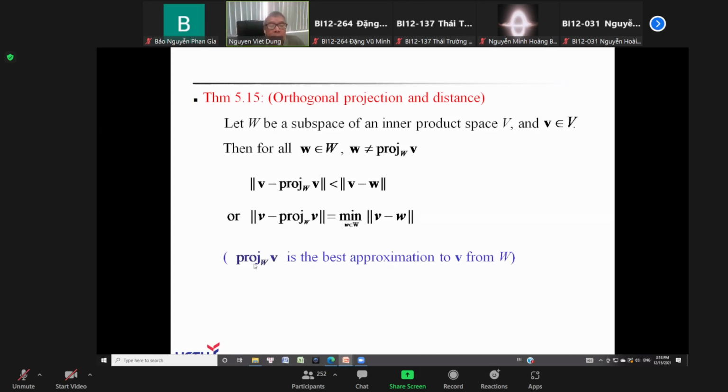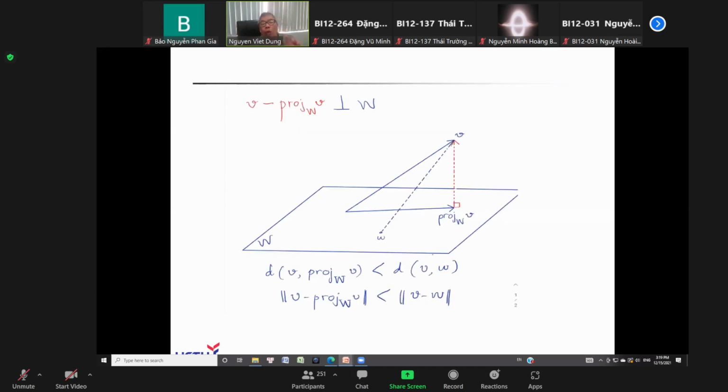It means that the orthogonal projection of V on subspace W is the best approximation to V from the subspace W. It means the orthogonal projection of V on W is closest to V amongst all the vectors of the subspace W. Or if you look at the picture, once again, the distance from V to its projection is always less than the distance from V to any other vector W here.